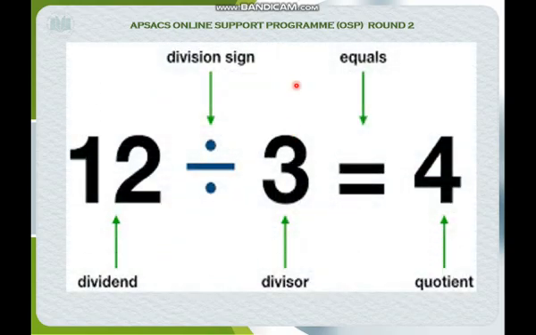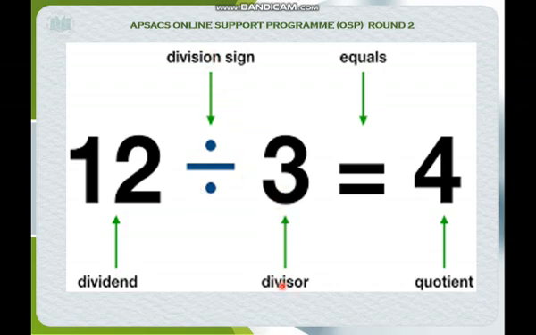Now here is a way how to divide the numbers. There is an equation written, 12 divided by 3. So students, as you see, 12 is the dividend. What is dividend? A number to be divided by another number is called dividend. Then the division sign.